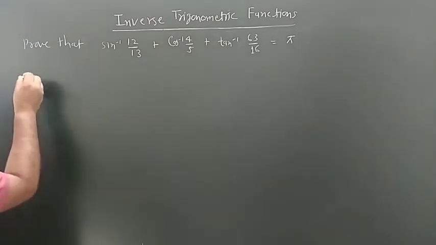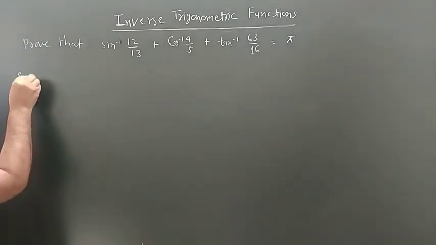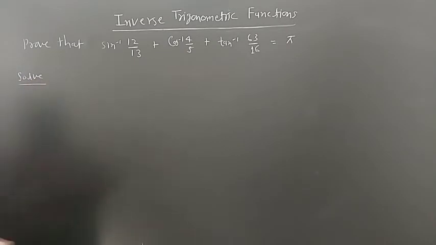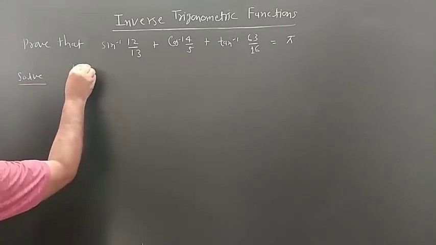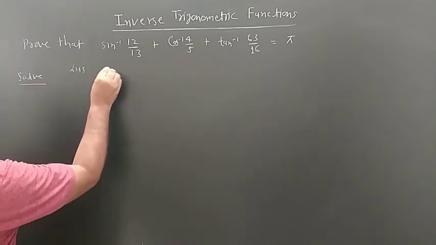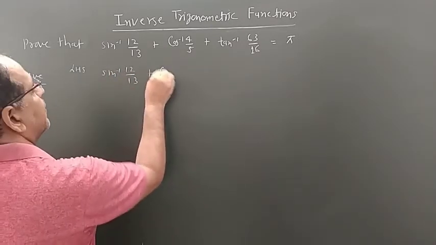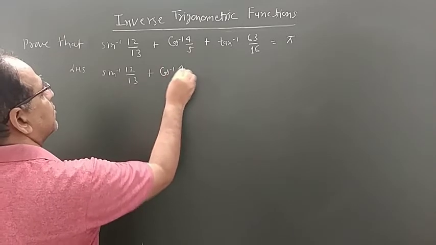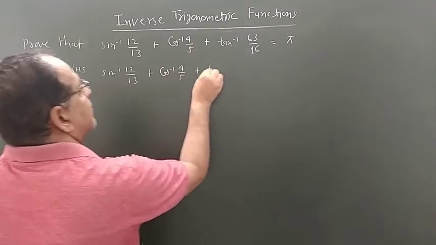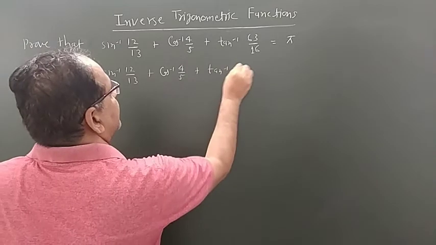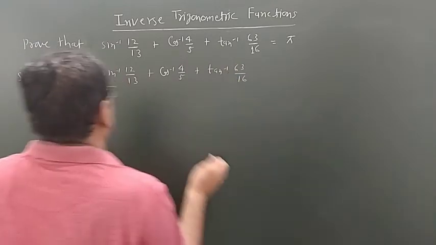So we start with the left hand side: sin inverse 12 upon 13 plus cos inverse 4 upon 5 plus tan inverse 63 upon 16.